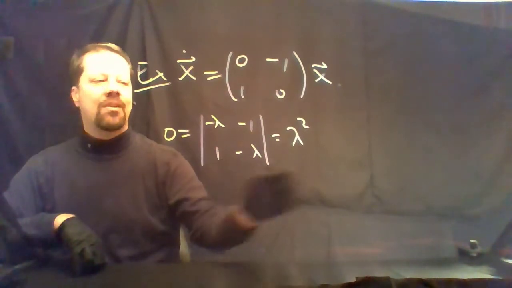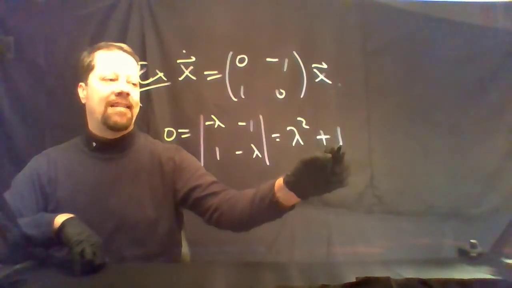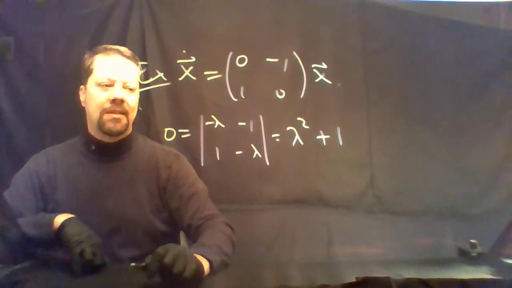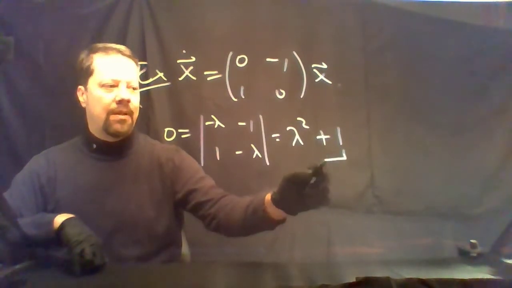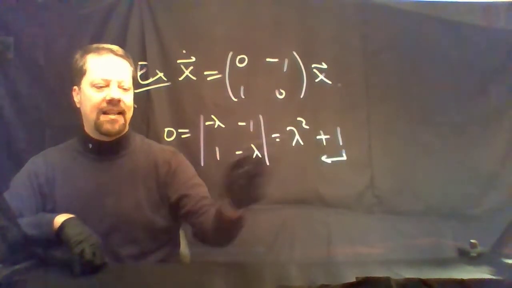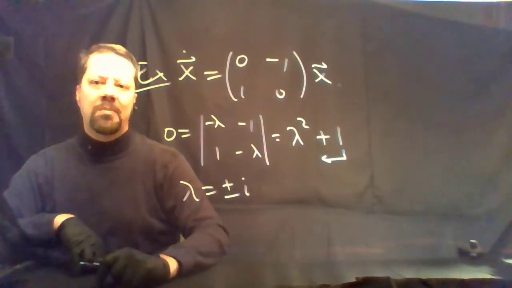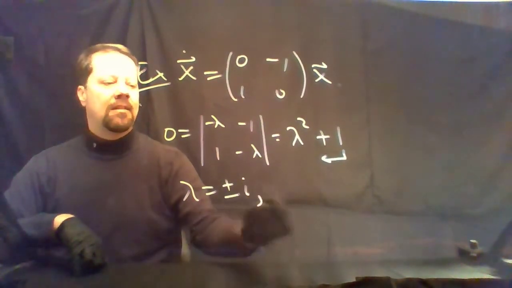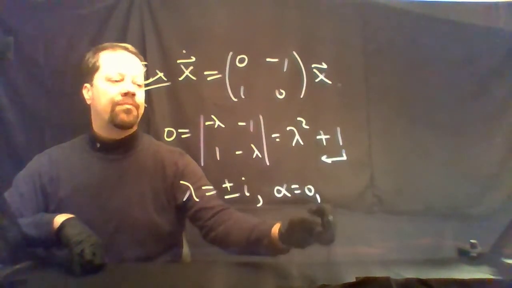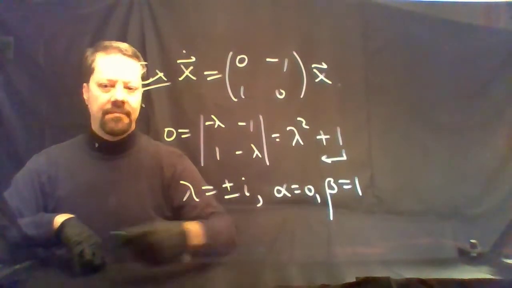When we subtract going the other way, we'll subtract a negative 1, making this plus 1. Moving the 1 over becomes negative and taking a square root, the eigenvalues are plus or minus i. This gives alpha equal to 0, beta equal to 1.